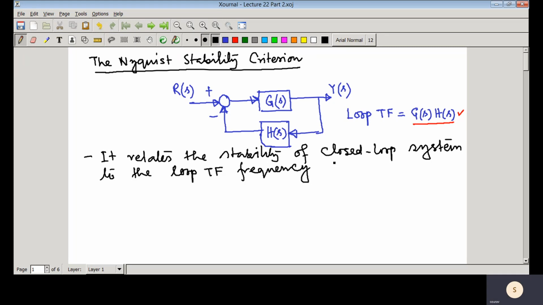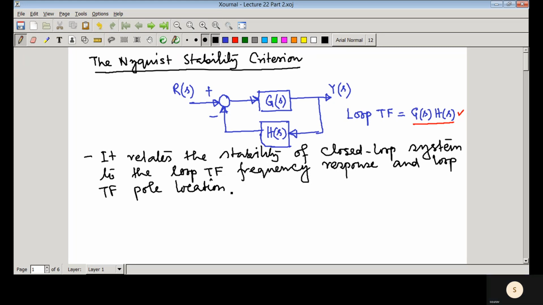We have already discussed what frequency response is in the last 2 or 3 lectures. And the loop transfer function pole locations.